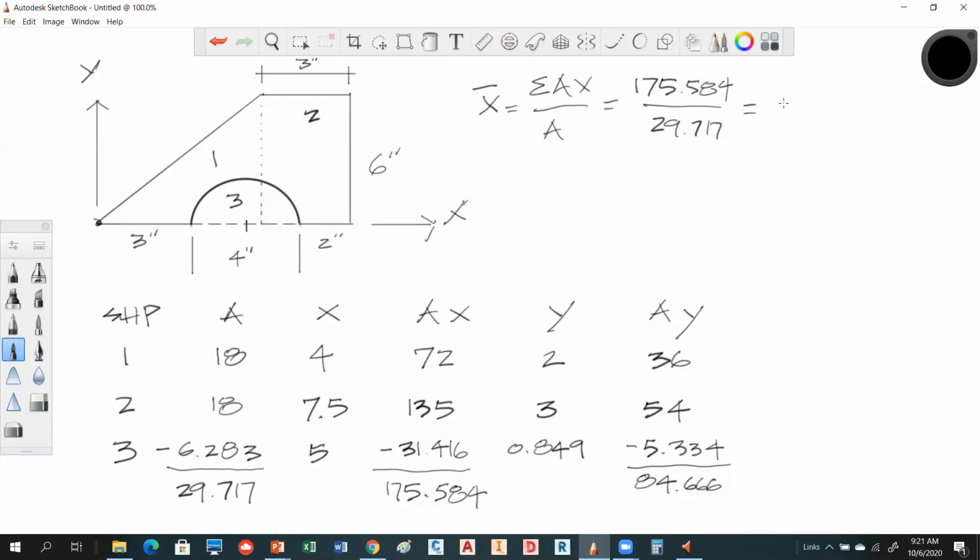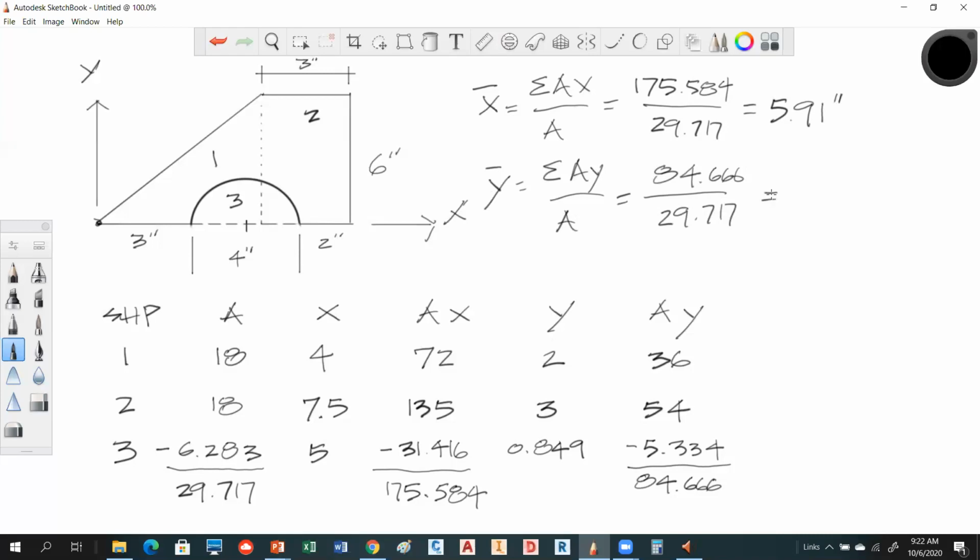Gives me 5.9. We could just call it 5.9 to 2 decimal places. Basically that. And the y bar is the sum of the AYs divided by area, 84.666 divided by 29.717.